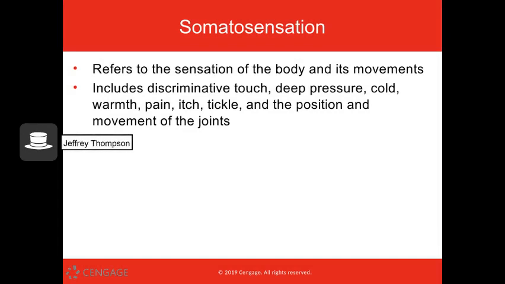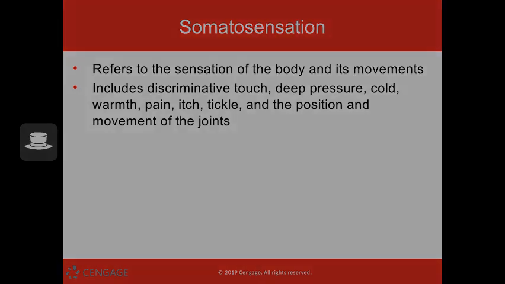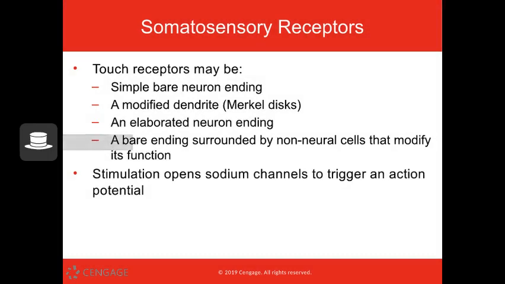Then we have somatosensation, which refers to the sensation of the body and its movements. This includes discriminative touch, deep pressure, cold, warmth, pain, itch, tickle, and the position and movement of the joints. Our touch receptors vary.